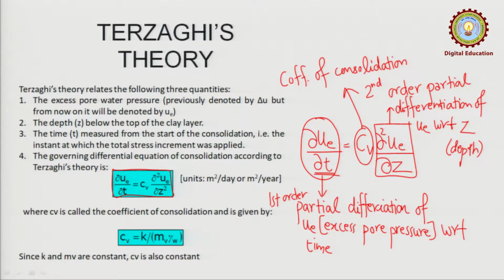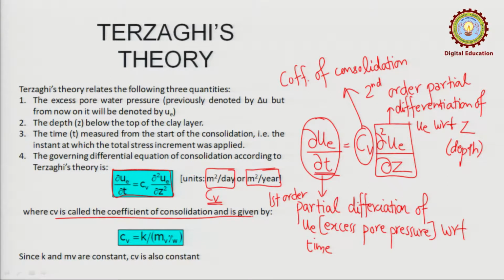The units meter square per day and meter square per year are the units for CV. CV is the coefficient of consolidation which we have already studied.